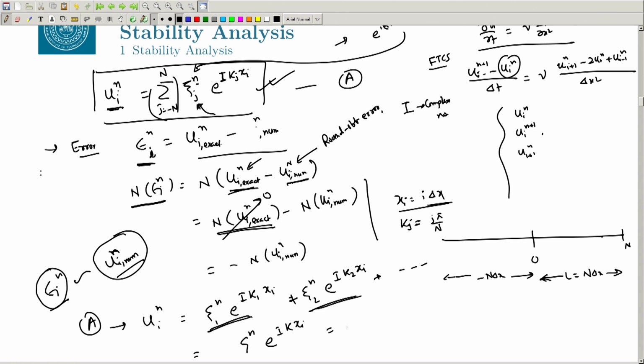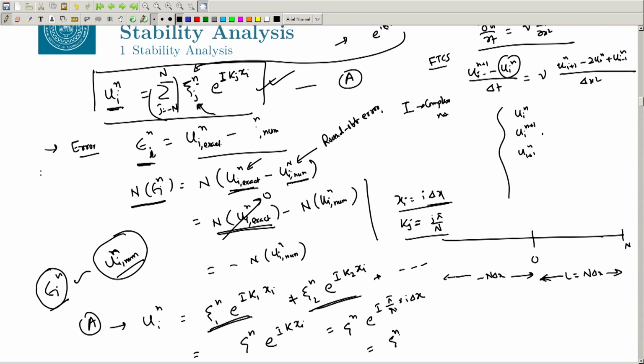So, this can be written as g^n e^(i k x_i), with k_j equal to j pi by n. That will become i pi by n times i delta x, and then we use the definition of phi, which is nothing but pi by n.